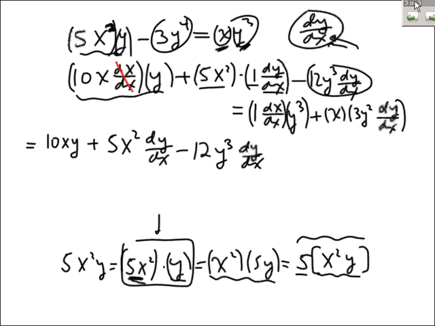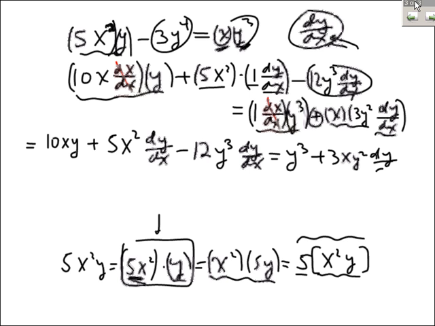And also, on the next line, the dx cancels. Now we have 1 equals 1 times y cubed, which is y cubed. That's there. And here we have plus 3xy squared dy/dx. Okay, the calculus is over.